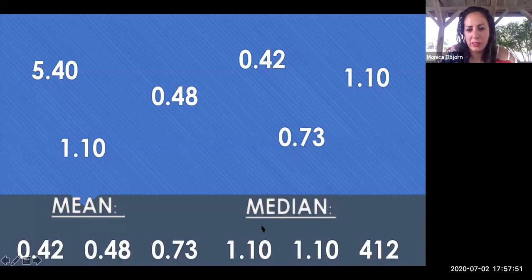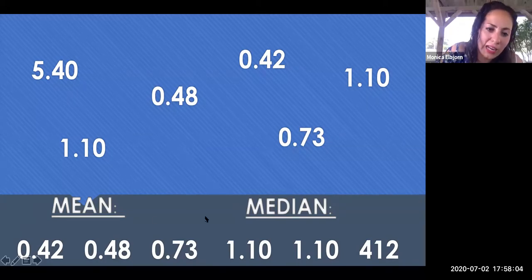What will be our median? Can someone add up these 6 numbers: 0.42, 0.48, 0.73, 1.10, 1.10, and 4.12, and give me the mean and the median?